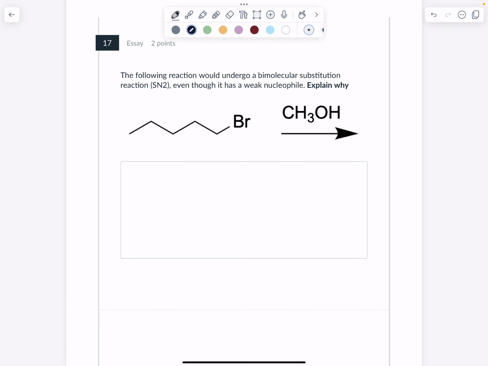Okay, the following reaction would undergo a bimolecular substitution, SN2, even though it's a weak nucleophile. Explain why. So when I'm thinking about SN1, SN2, E1, E2, I'm thinking SN2 needs a strong nucleophile.